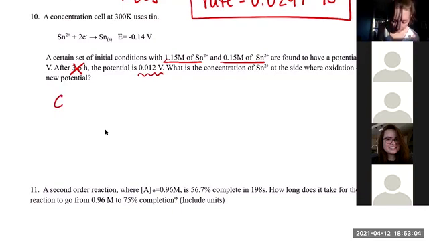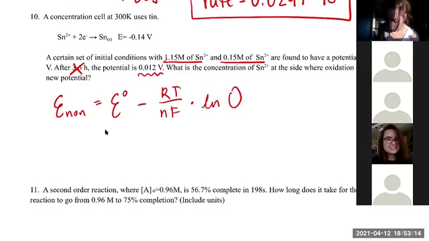So I'm just going to set up our Nernst equation like usual. Okay, and I'm going to fill out everything I know here. This is 0, as all concentration cells are.